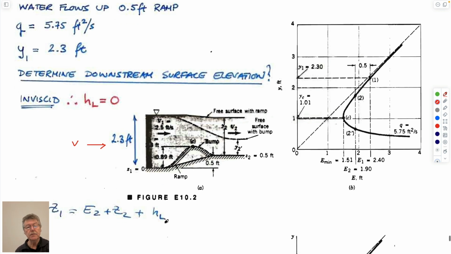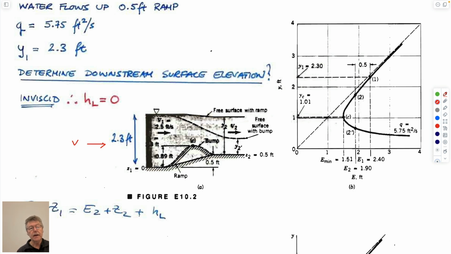And so what we need to do is go back to our expression, which was upstream energy is equal to downstream energy plus, I guess we could take Z1 off the other side, right? Just by moving it.